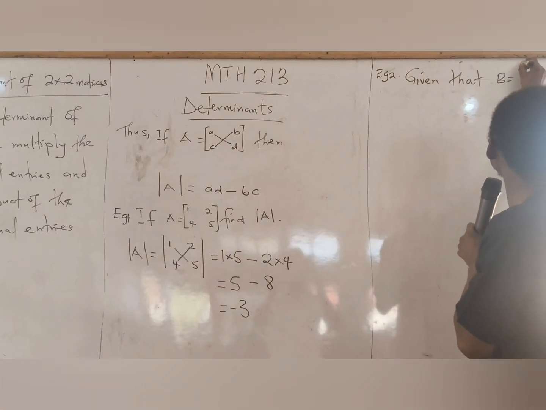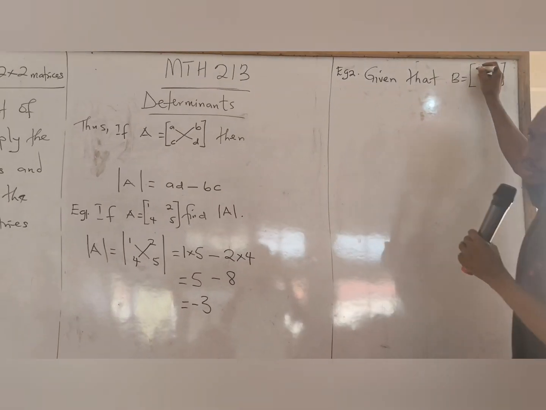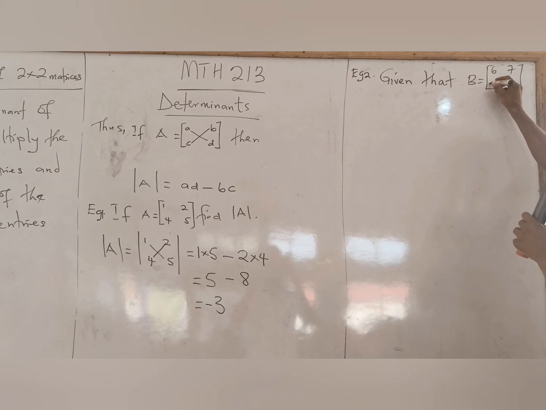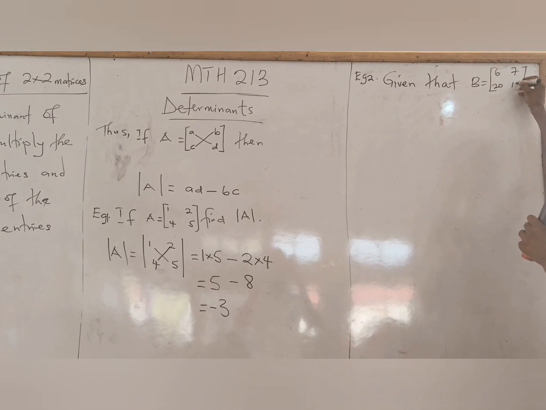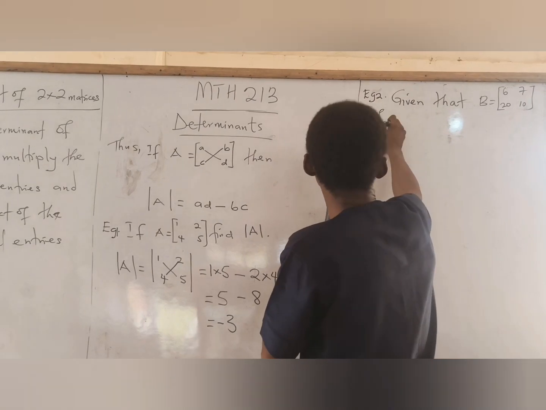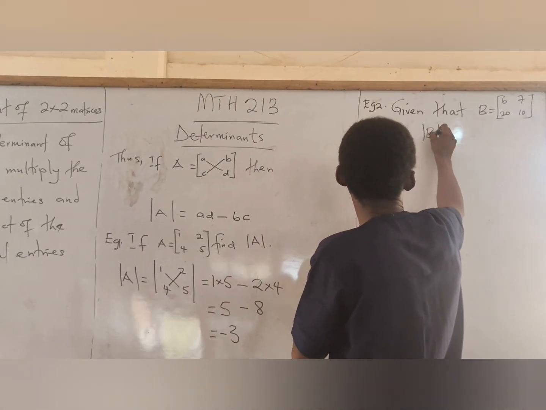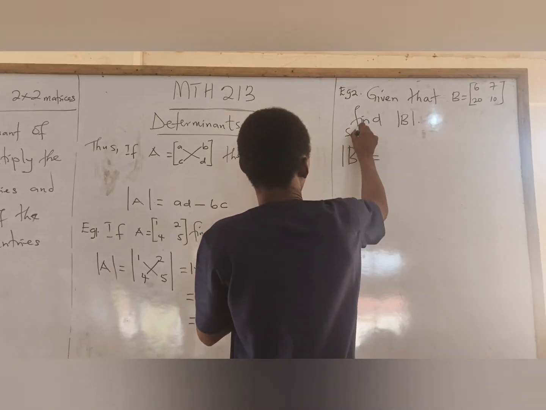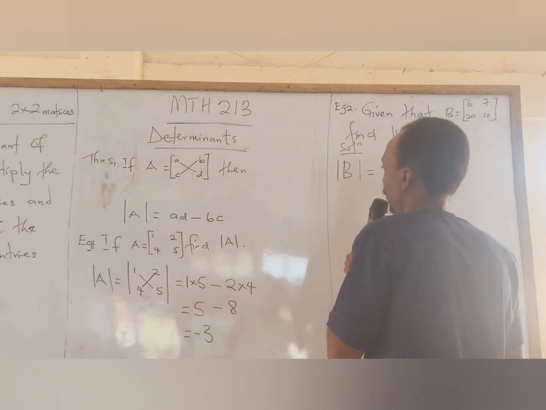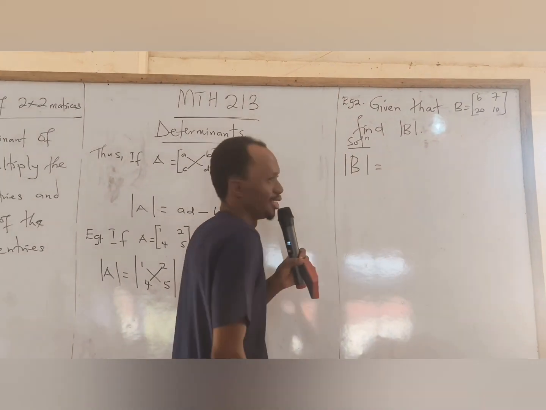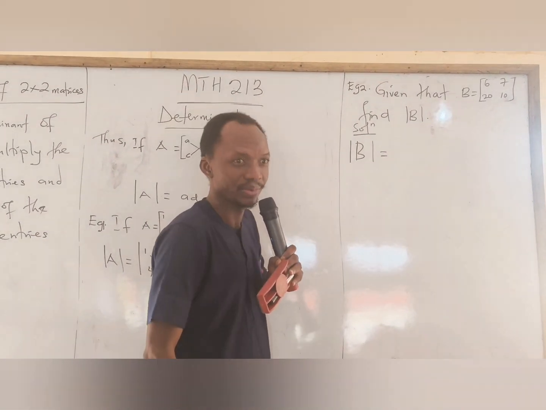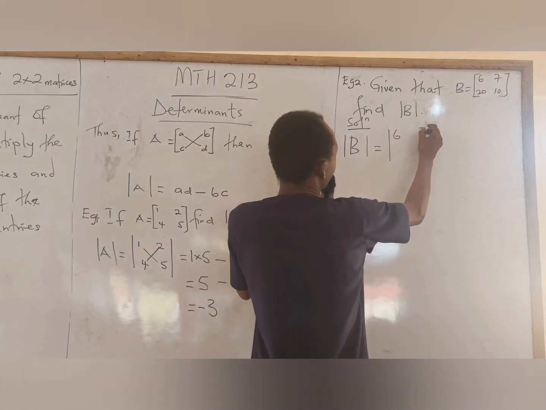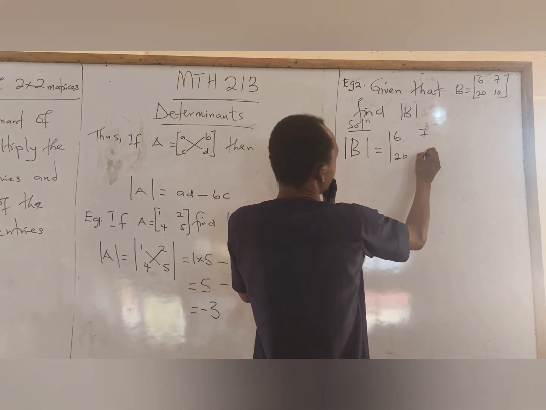Someone should give us a 2x2 matrix. 6, 7, 20, 10. Okay. Find determinant of B. So pens down, everybody. Let's do that together. 6, 7, 20, 10.